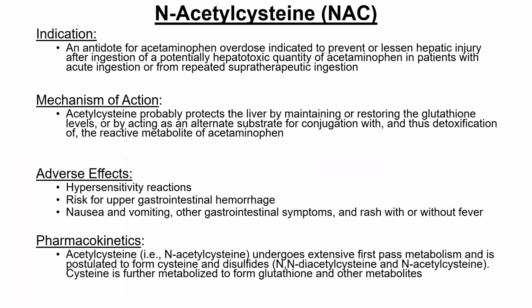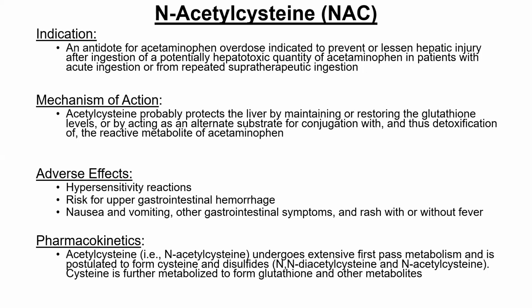And the way you want to treat it, there is a drug specifically approved for treating acetaminophen overdose called N-acetylcysteine, or NAC, which is an antidote for acetaminophen overdose, indicated to prevent or lessen hepatic injury after ingestion in patients with acute ingestion. That's where the time factor comes into play. How does it work? It actually works 2 ways.